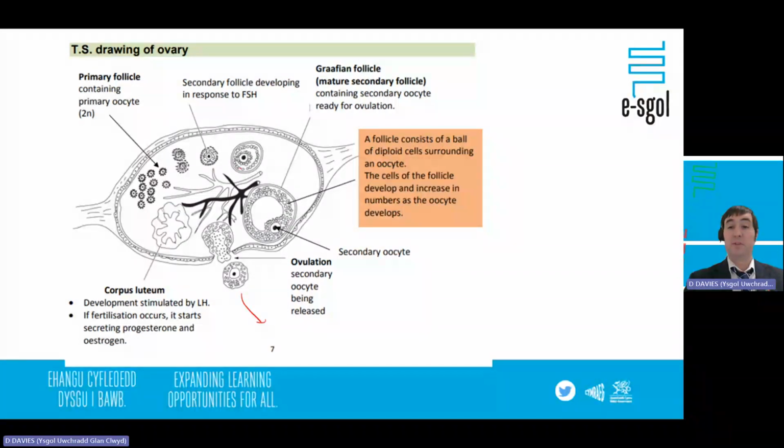During a woman's monthly cycle, a secondary oocyte is going to be ovulated, but there's going to be a sequence of Graafian follicles, secondary follicles and primary follicles all developing. This is like a little conveyor belt of secondary oocyte production.